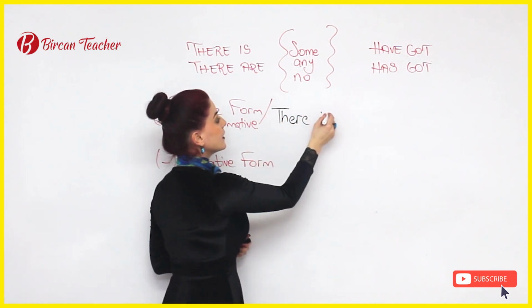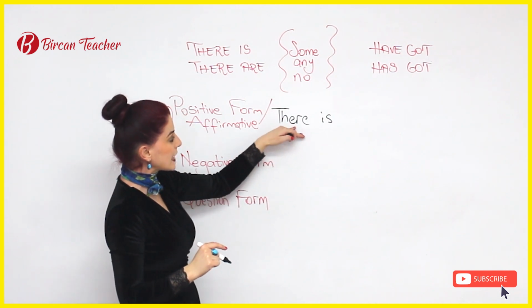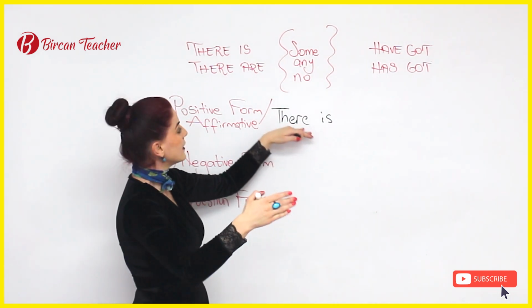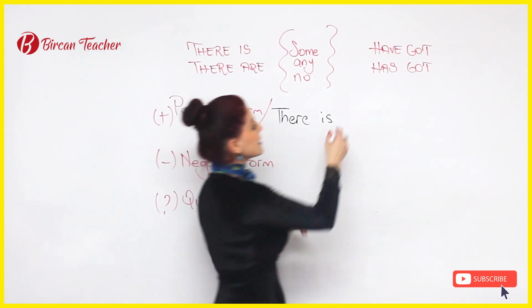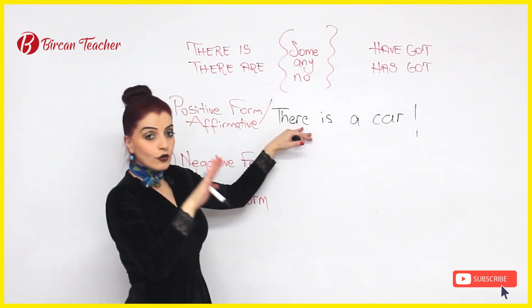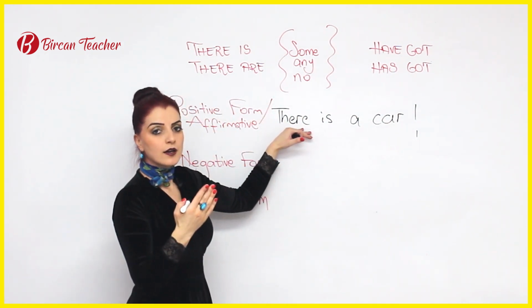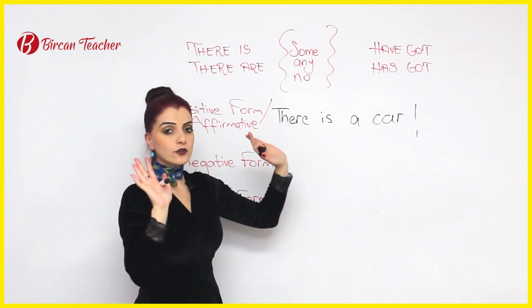So, in positive form, if you say one thing, there is. So you can see there is one thing. There is a car. You don't know whose car. Your mother's, father's, friends, or other people. I don't know.